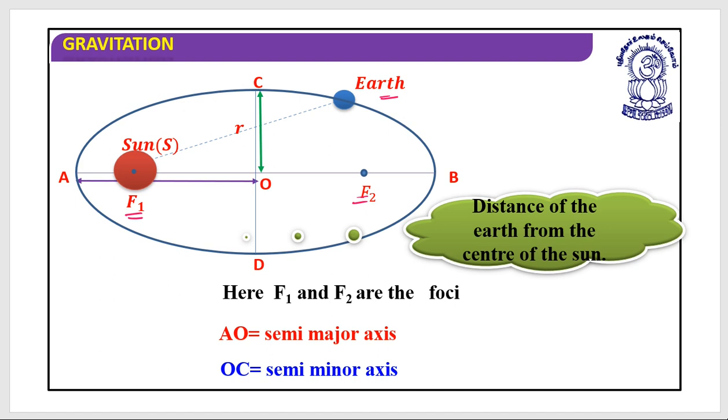So this is the case when every planet is moving around the sun in an elliptical orbit, while the sun is at one of the foci. F1 and F2 are the foci. A to O is the semi major axis, while O to C is the semi minor axis. Is it clear?